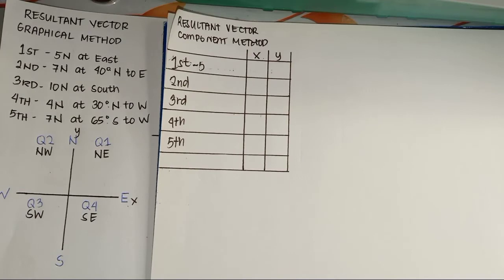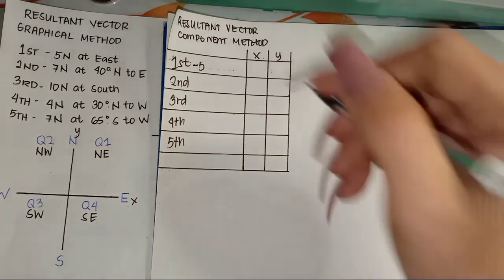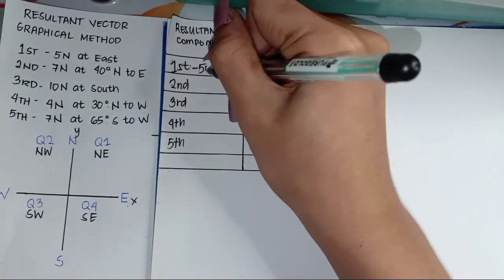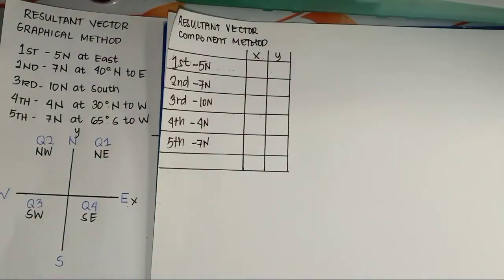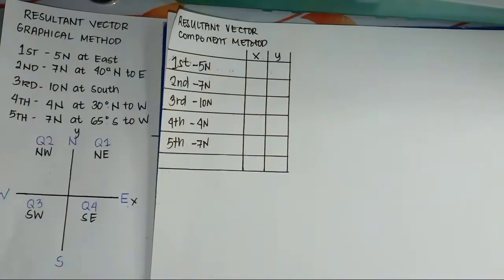Second, we're going to look for the magnitude of each vector: 5 and 7 Newton. And last, we're going to look for the degree of each vector. East. Pag ganyan siya, sinabi ko na kanina na pag west to east, automatically na 0 degrees sila, unlike sa north to south, automatically na 90 degrees sila.